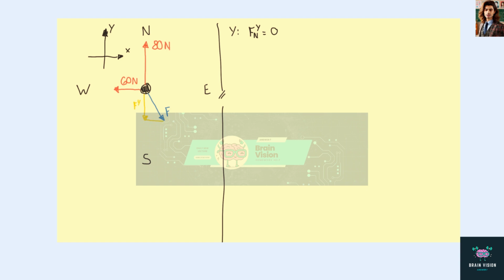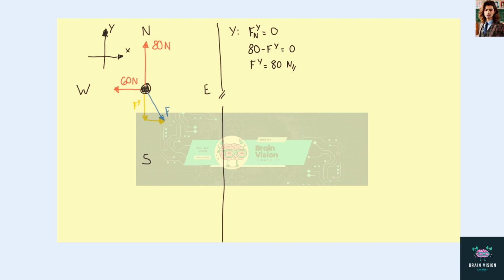And then we also have the x component. But for the vertical direction, we have 80 newtons minus the vertical component of the force F, and this is equal to 0. So F component y is equal to 80 newtons.